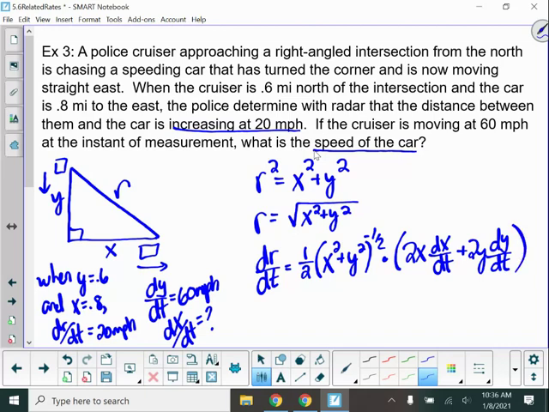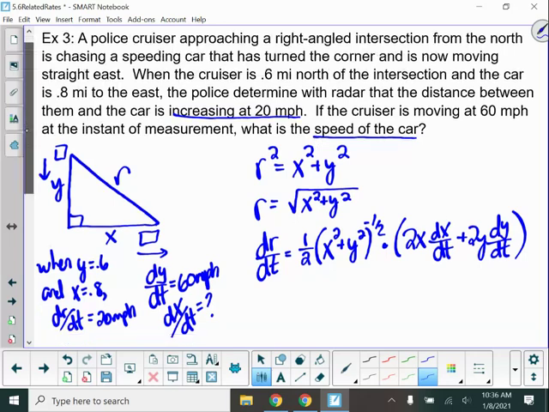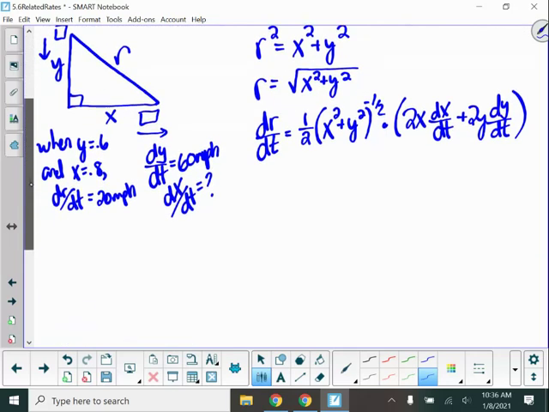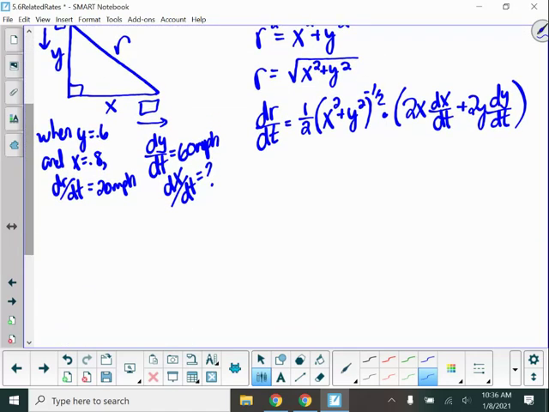And remember, dx dt is what I'm actually looking for to solve. I'm going to scroll, give myself some more space to do some math here. I am going to go ahead and rewrite this before I solve, before I plug in anything.